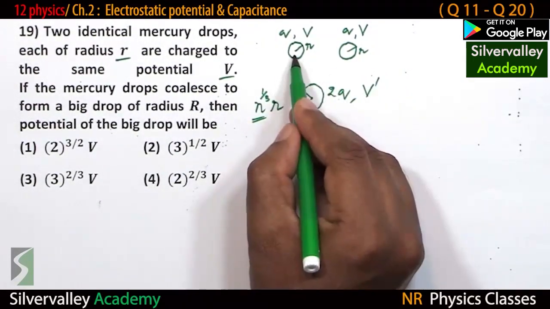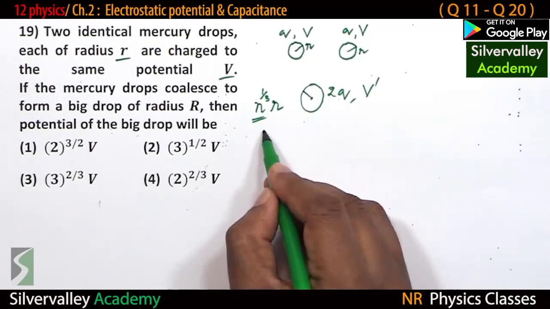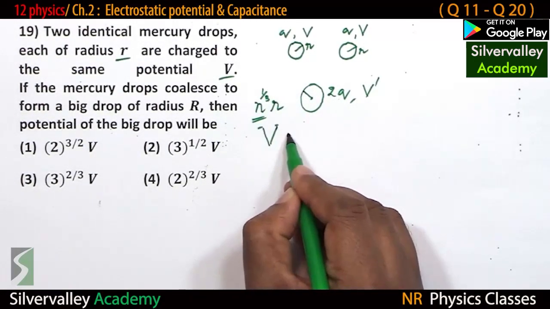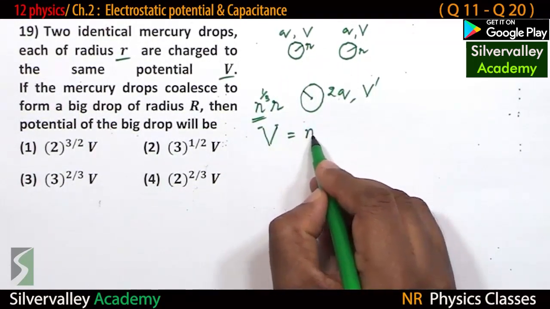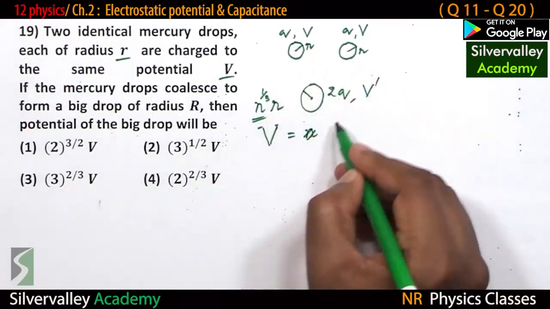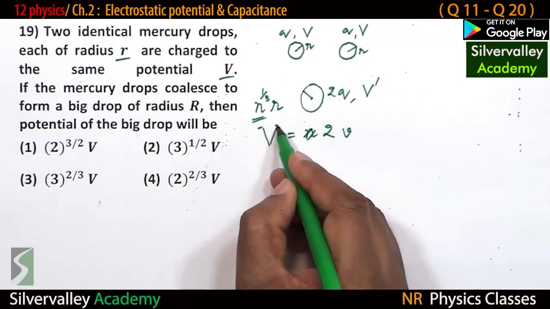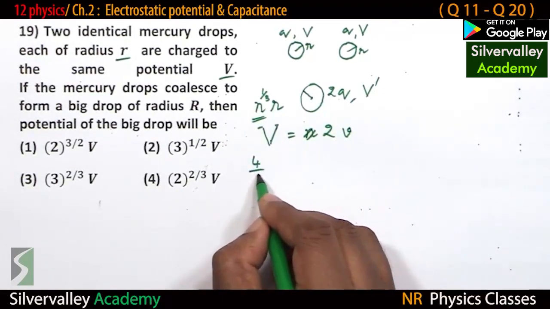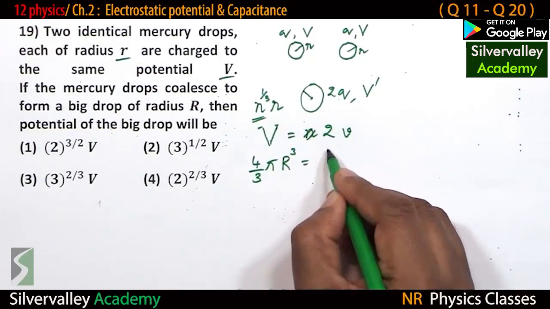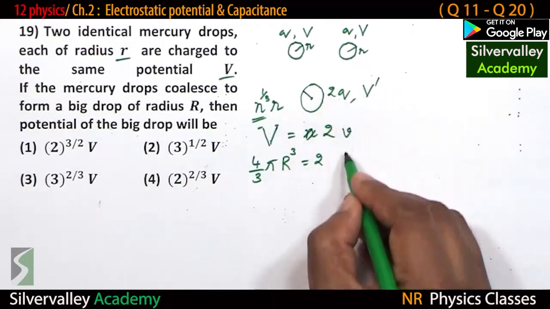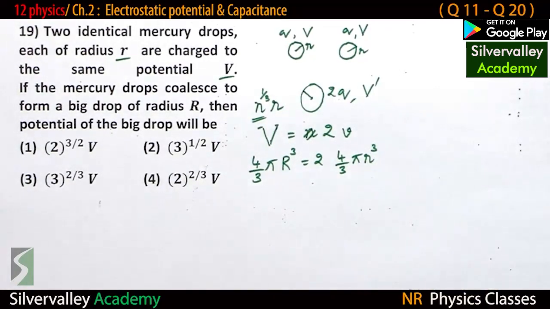Why? Because if these two are combined, then volume of the bigger drop equals n times, or in this case 2 times, volume of smaller drop. What is volume of bigger drop? Since it is a sphere, 4 by 3 pi R cube. 2 times volume of smaller drop is 2 times 4 by 3 pi r cube.